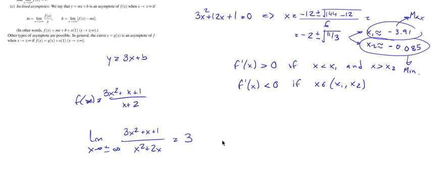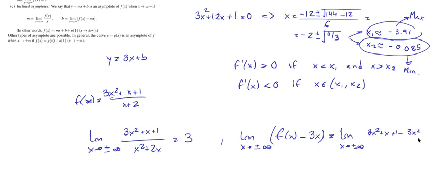And now we have to find the limit when x goes to plus minus infinity of f minus 3x. In this case what we have is the limit when x goes to plus minus infinity of 3x squared plus x plus 1 minus 3x squared minus 6x divided by x plus 2, right?